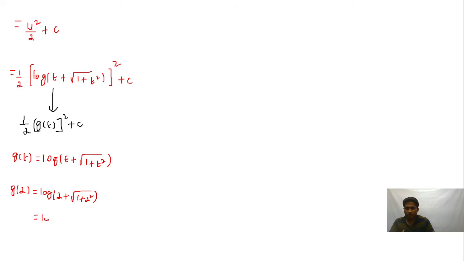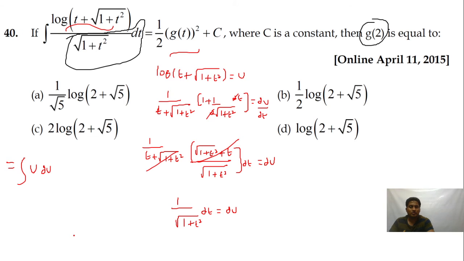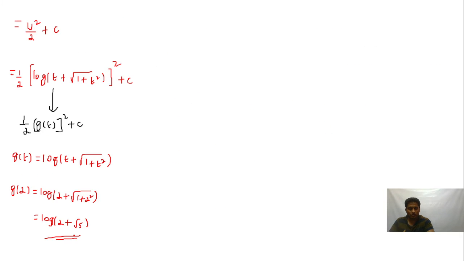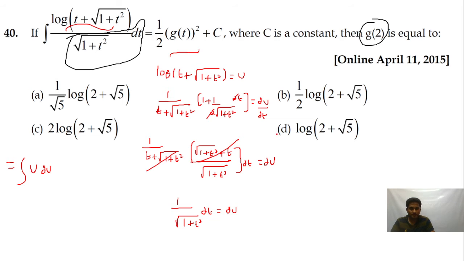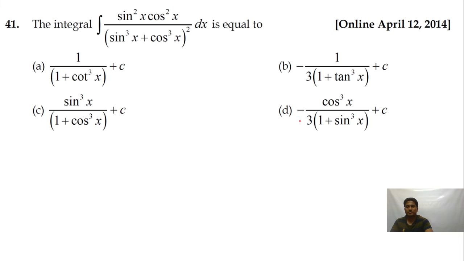So this is equal to log of 2 plus root 5. So g of 2 is equal to log of 2 plus root 5. Answer is option D. Okay, let's move to next question, guys.